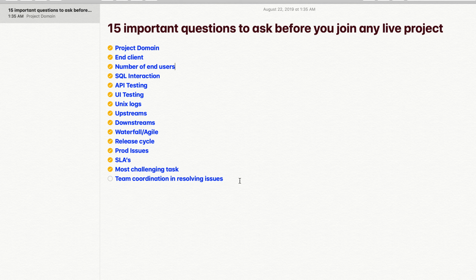The same thing vice versa, if you are working in the US and you have a client in India, how, in case of different time zones? If the interviewer is expecting you to be hired for a project in a different geographic location, he would definitely ask you this question, if you have any prior experience in coordinating these things. So you need to check this also with your trainer.